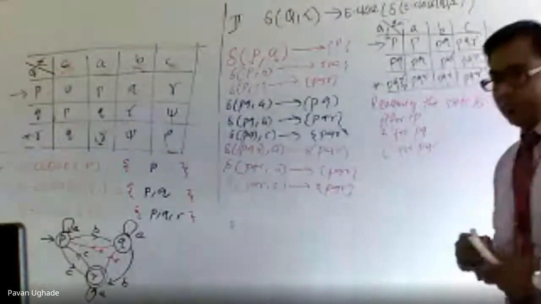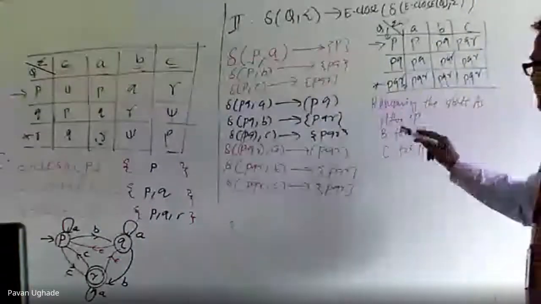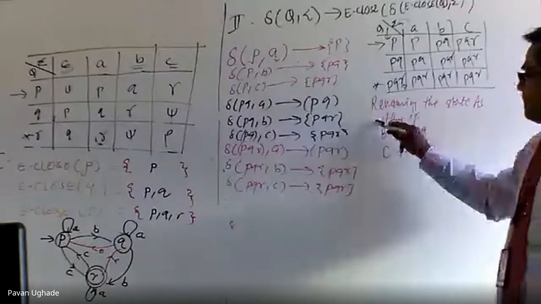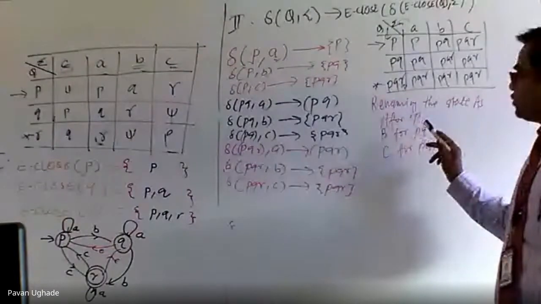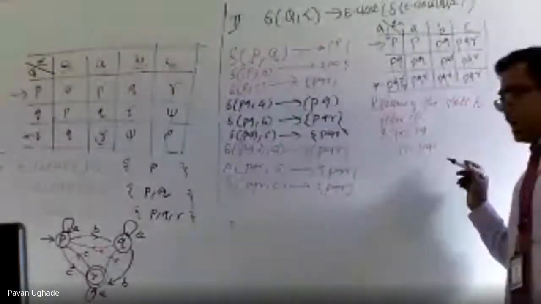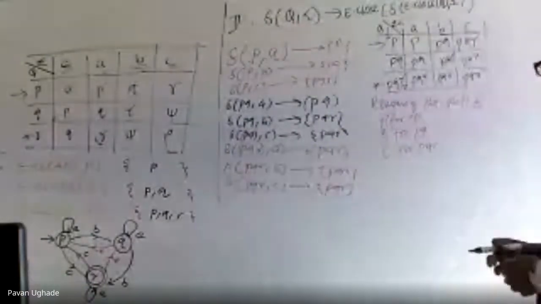So wherever P is there, we will replace it with A, the PQ state we will rename as B, and PQR as C.